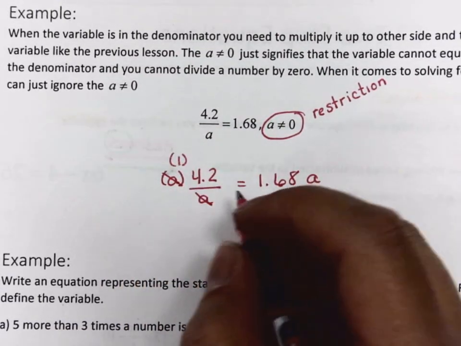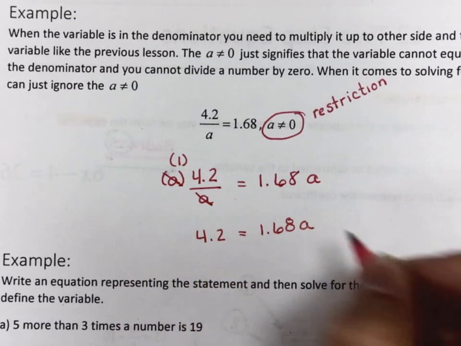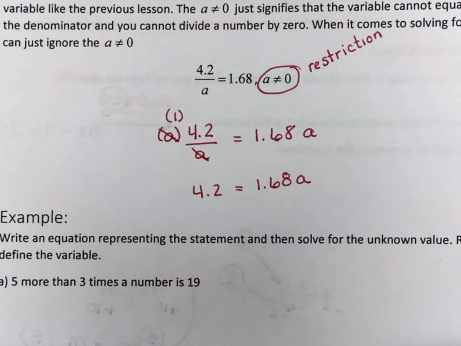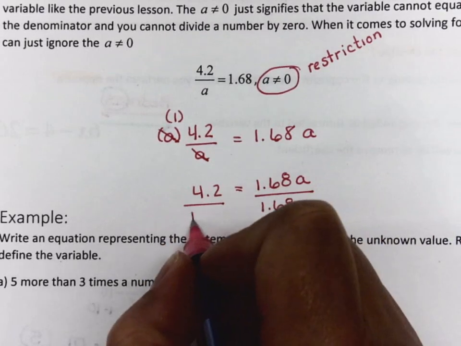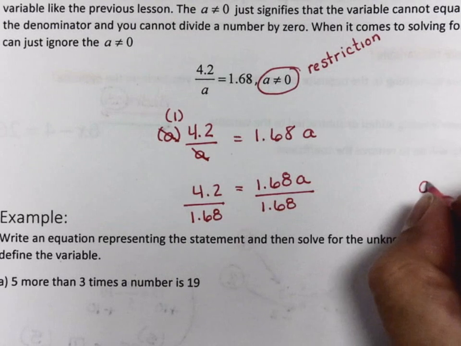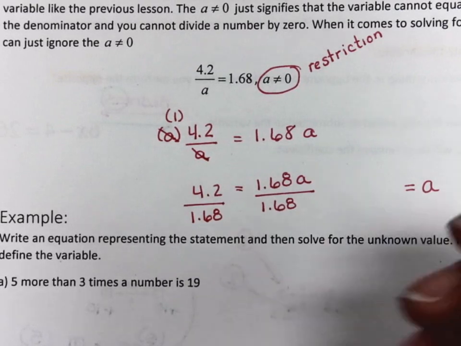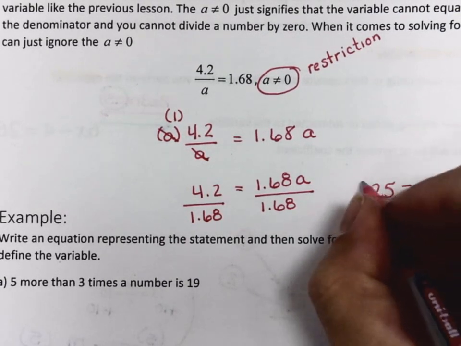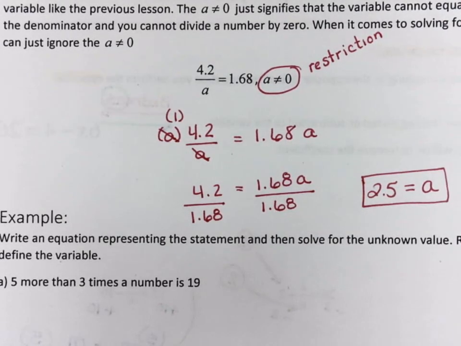And 1 times 4.2 is just 4.2. And if I want to get A by itself, I have to divide by 1.68. Divide by 1.68. And that's going to give me 2.5.